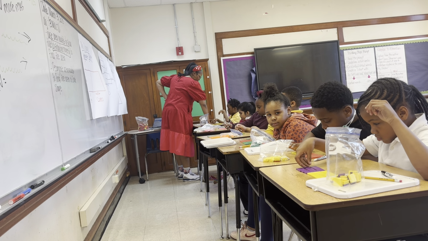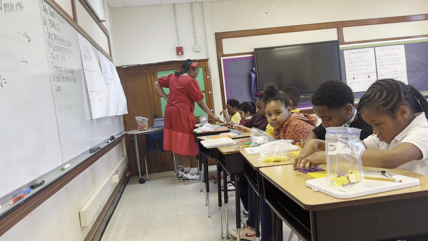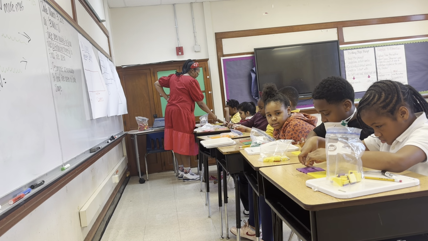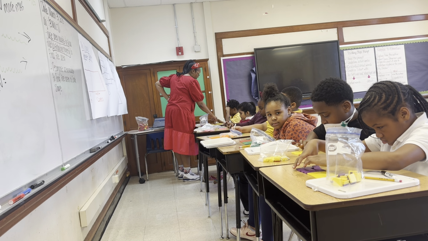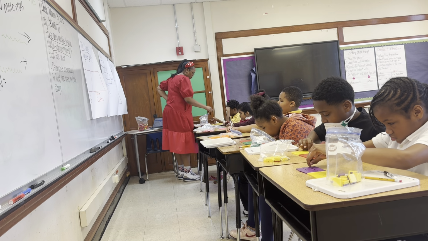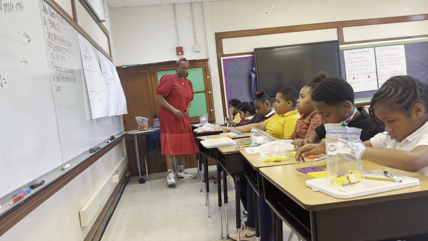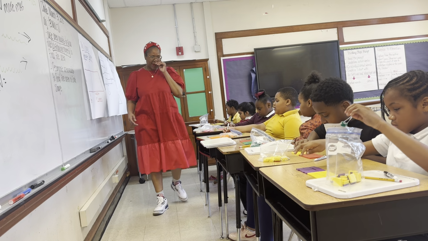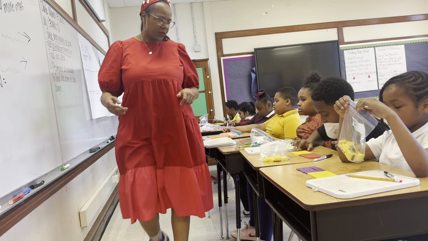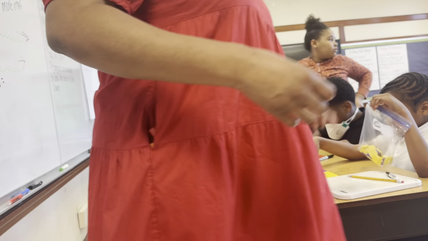You're supposed to start with 3. 1, 2, 3, then 1, 2, 3, 4, 5. Then 1, 2, 3, then 1, 2, 3, 4. Yes. All right, so now let's label the side lengths.